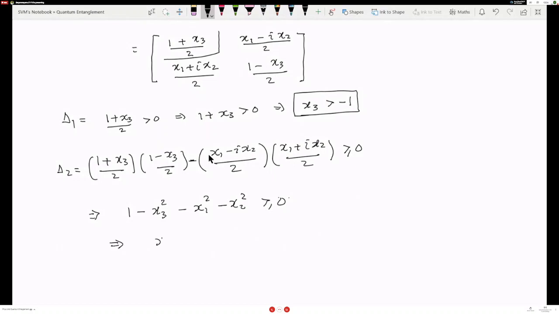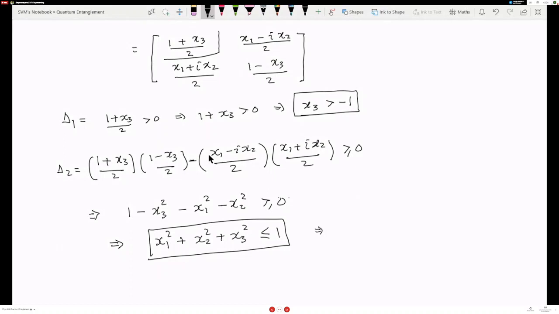Or in other words, this implies x1 square plus x2 square plus x3 square is less than or equal to 1. Okay, so this is basically the condition.